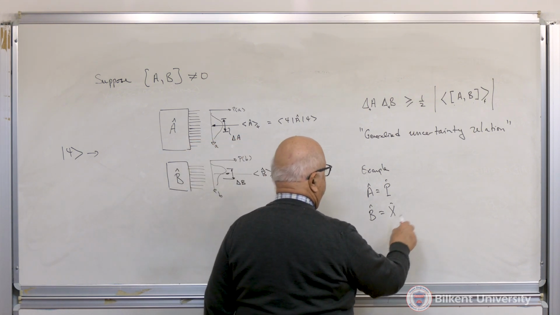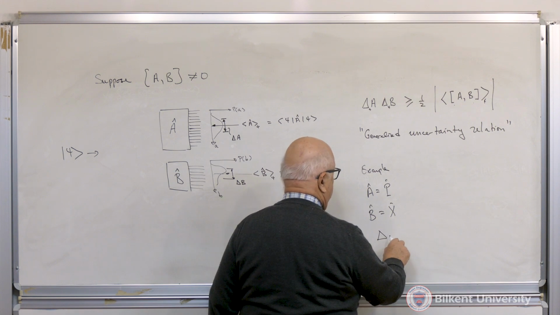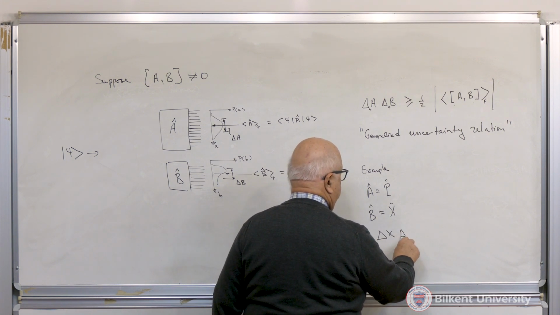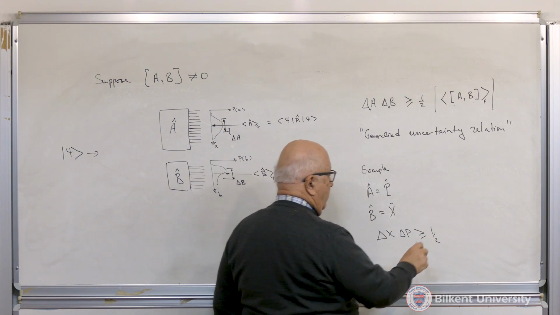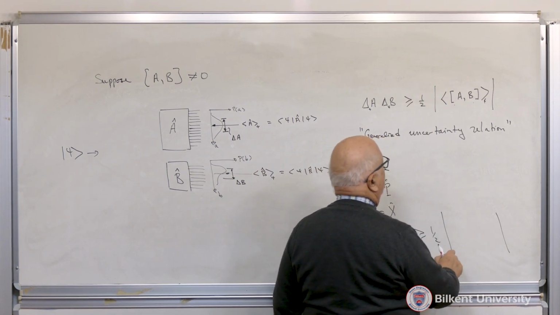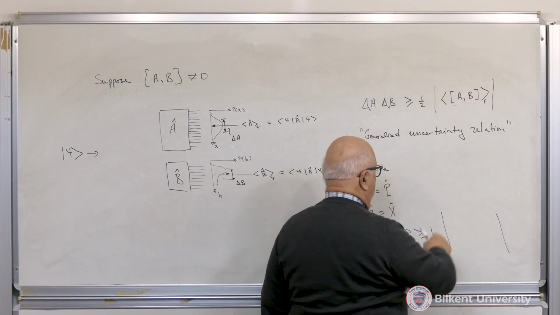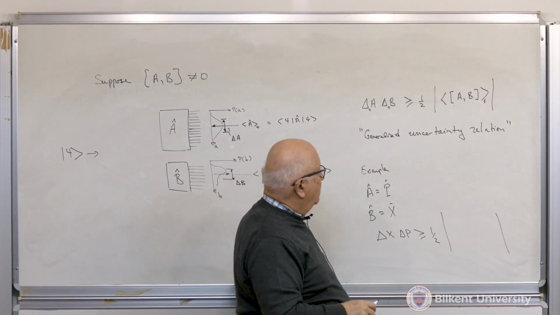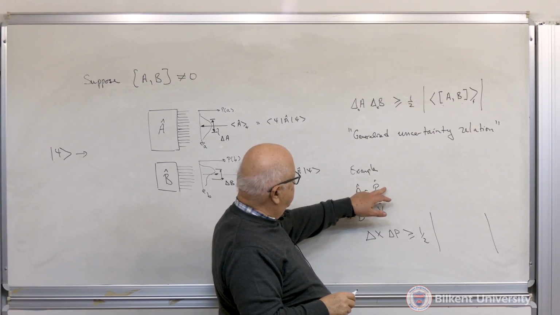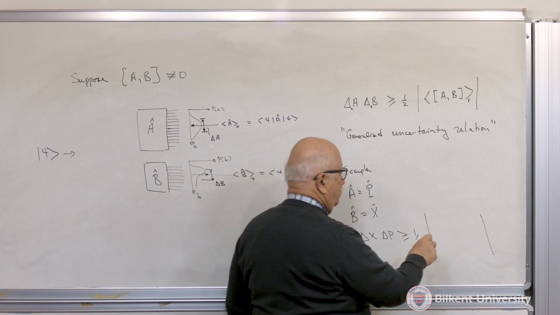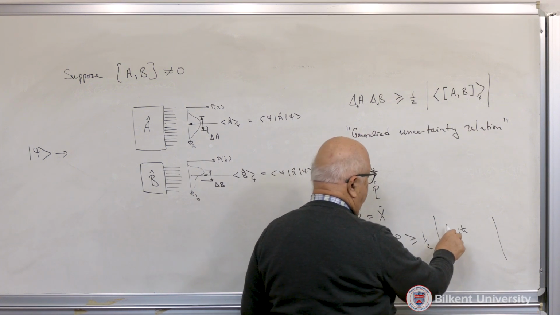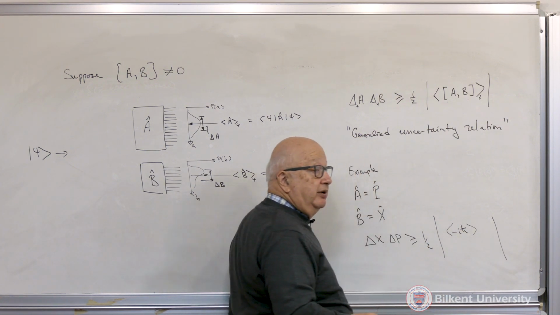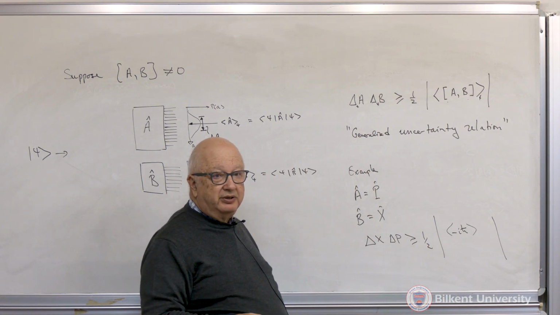So this says that delta X times delta P is greater than or equal to 1/2 the magnitude of the commutator of X and P. The way I have written it is P and X, so it's going to be minus i h-bar. This time I don't really need to even take an average because this is a constant.